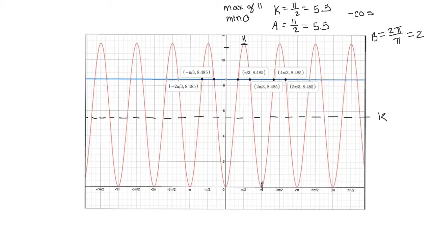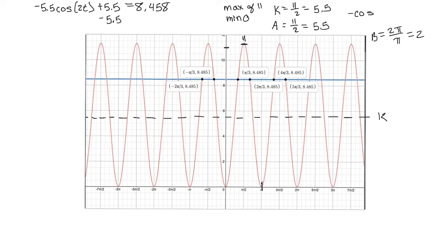So our equation here is negative 5.5 cosine of 2t plus 5.5, and it is equal to our b value right here, which appears to be 8.485.